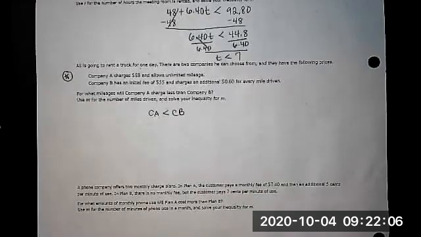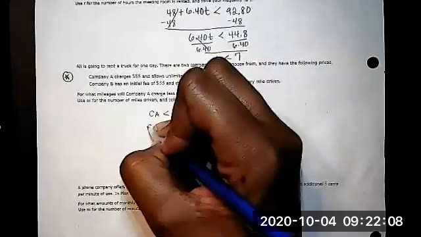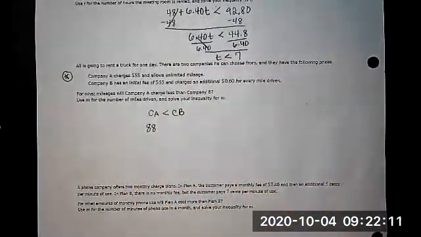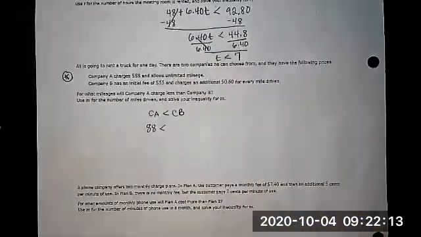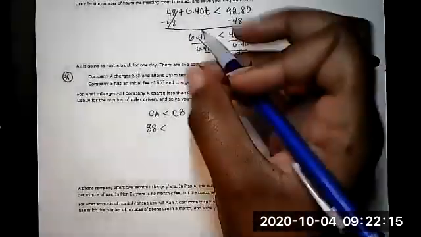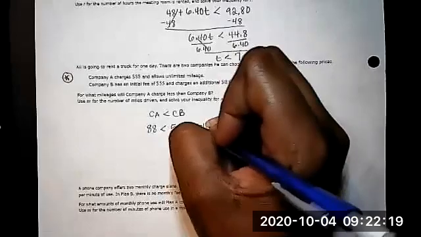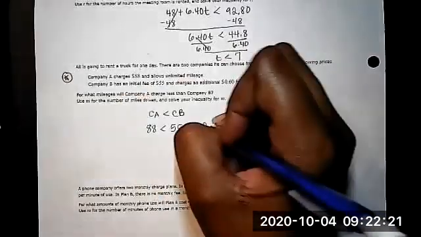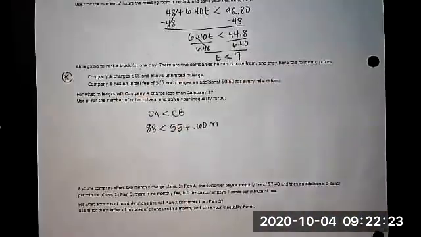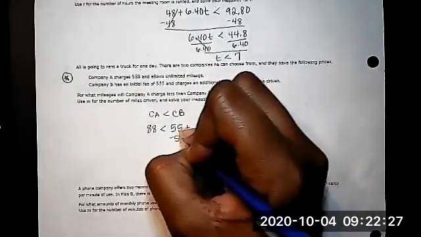All right, so Company A charges $88. I'm going to put $88 for Company A, less than, and then it says Company B has $55 plus 0.6 per mile, and they wanted us to use M for the variable. So I'm going to subtract 55 from both sides.